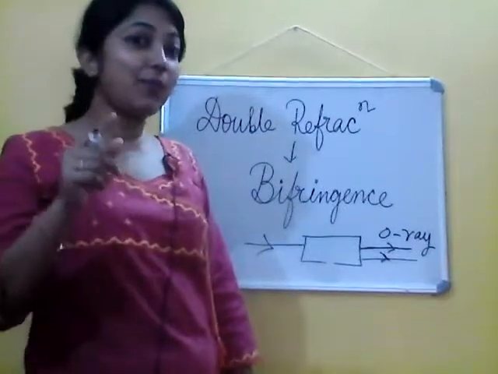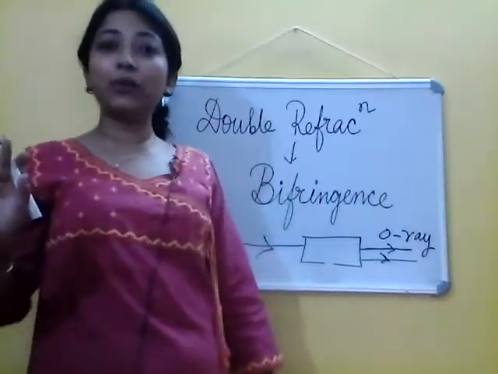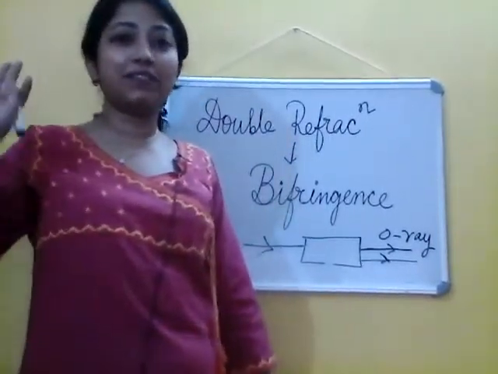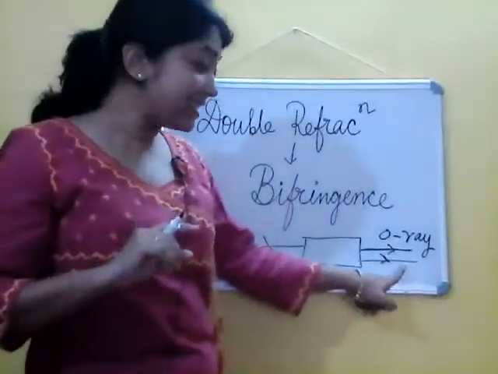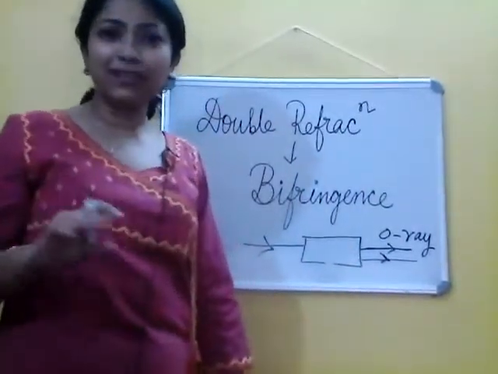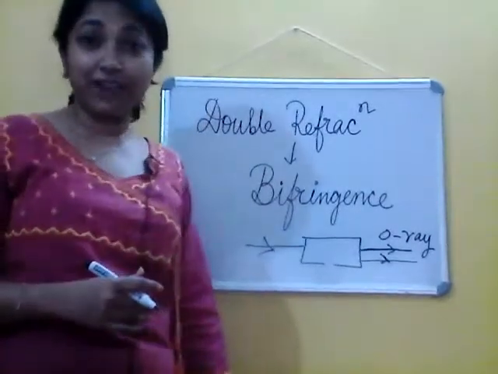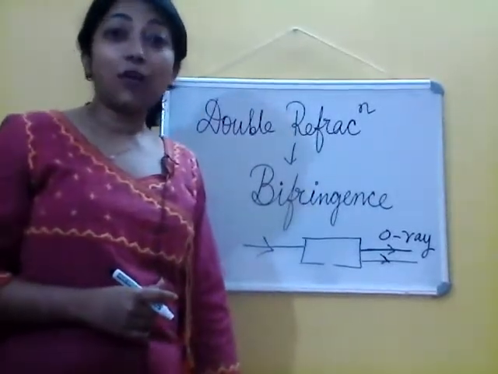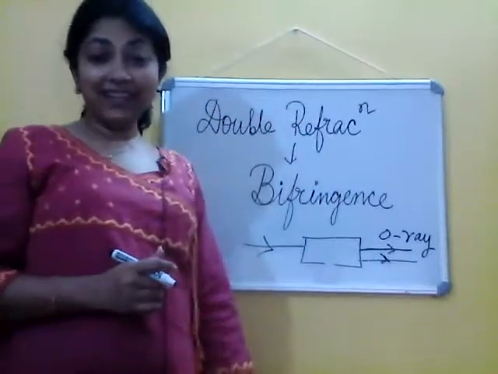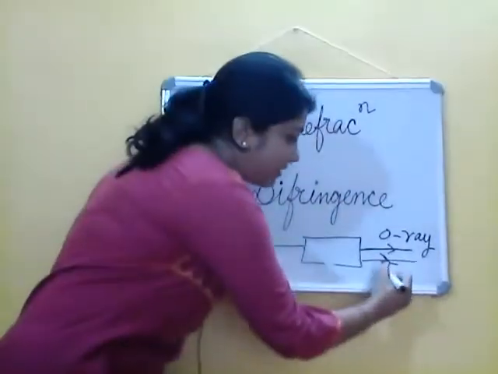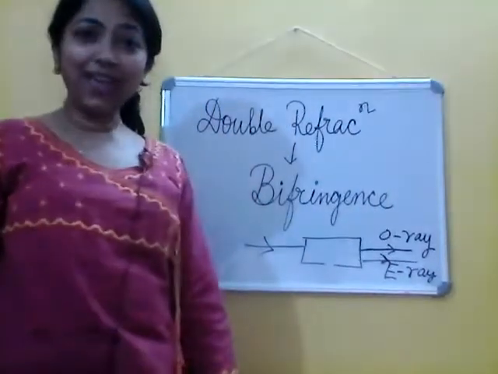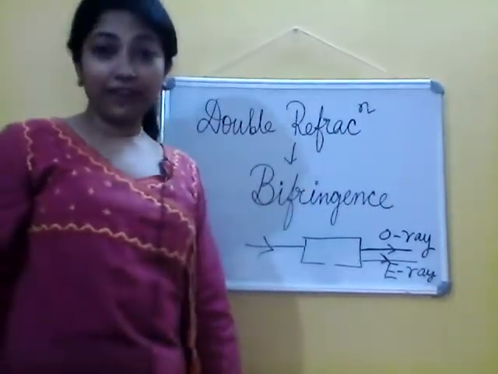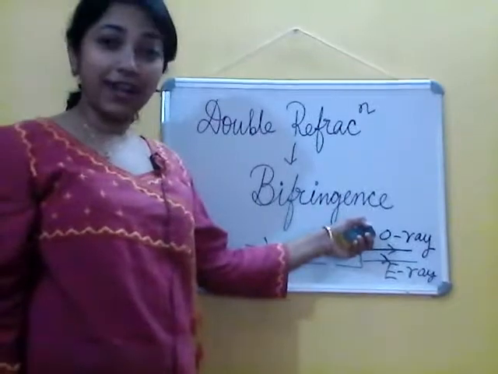It is like some of those students who say, I'm not going to follow any rule, I will do whatever I like. So these are the extraordinary rays. This ray, which will not follow the laws of reflection and refraction, is called the extraordinary ray, and we denote it as the E ray.